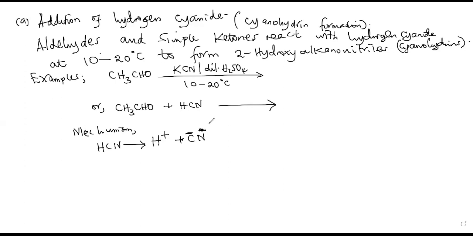So now, you already know that the carbon is partially positive and oxygen is partially negative. This one can be rearranged as CH3, then C, oxygen is there, while hydrogen is here. So you know that this is partially positive and this is partially negative.